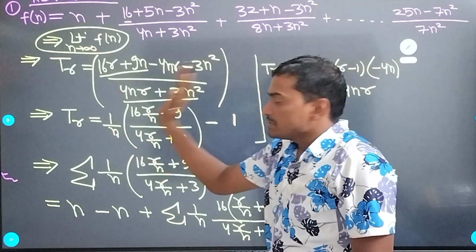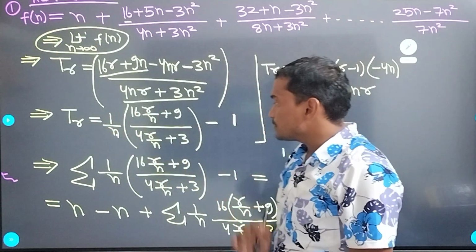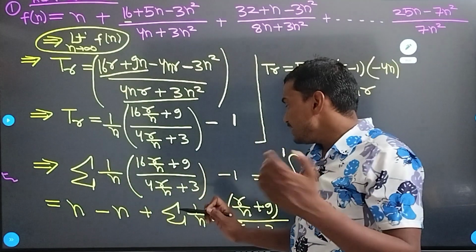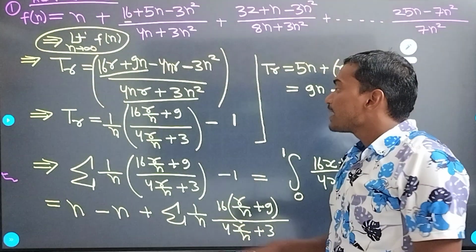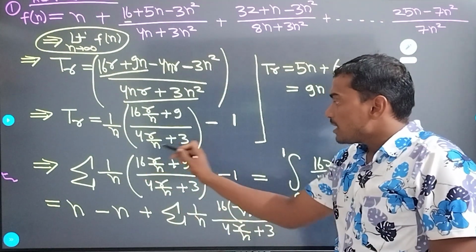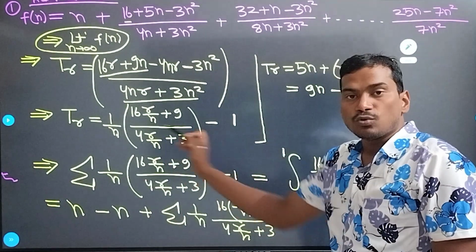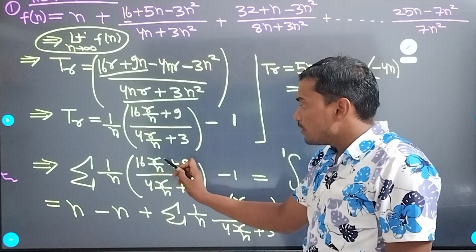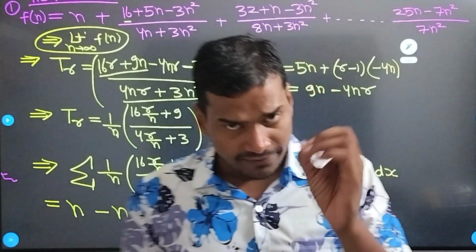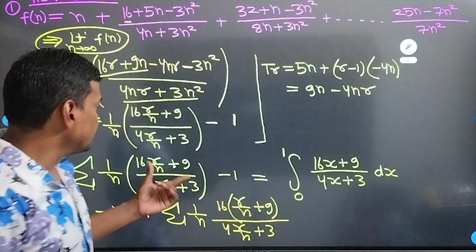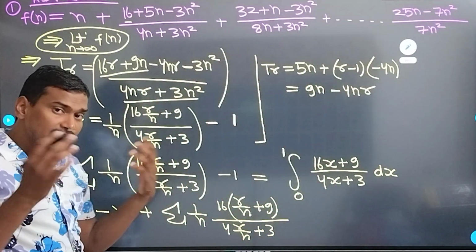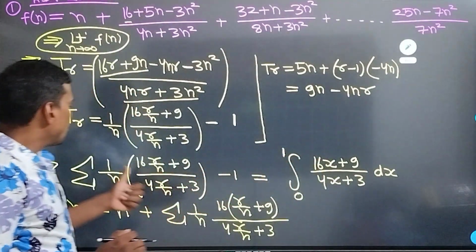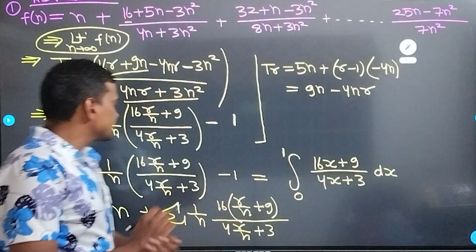Now we have to apply summation on this. So we are applying summation: 1 by n and all this, minus 1. The summation of 1 will be n only, so this is n. And when we are applying this, r is going from 1 to n and n is going to infinity. So if r is going from 1 to n and n is going to infinity, definitely it will go as definite integration as limit of sum, because r by n we will write as x, 1 by n we will write as dx.